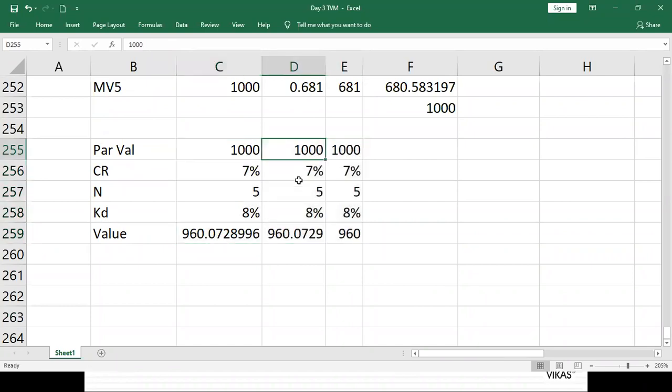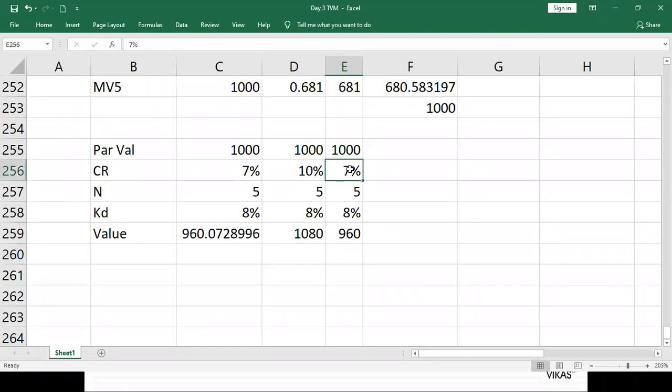And second time, par value 1000, coupon rate was how much? Second example, 10%, and cost of debt is the same. Now, 1080.